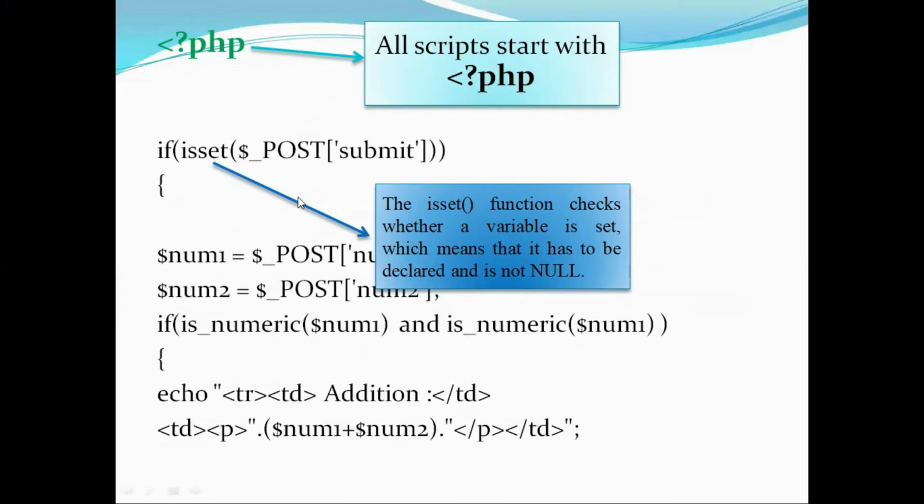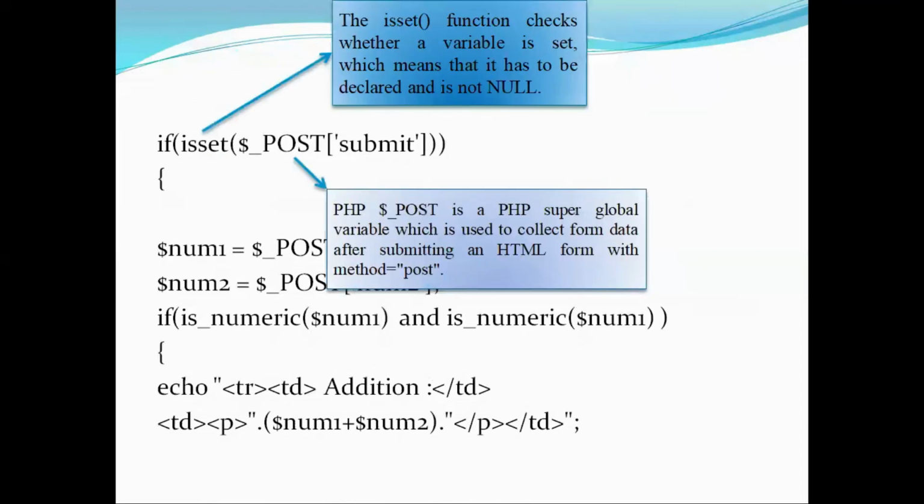This $_POST is a PHP superglobal variable which is used to collect the form data after submitting an HTML form with method equal to post. Usually it is widely used to pass variables.